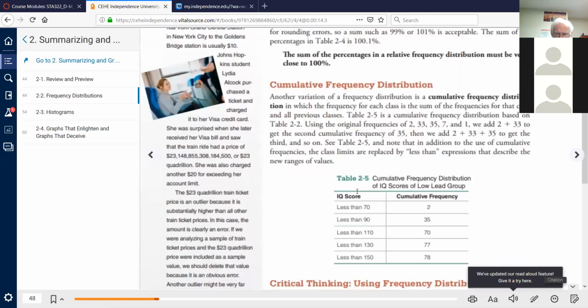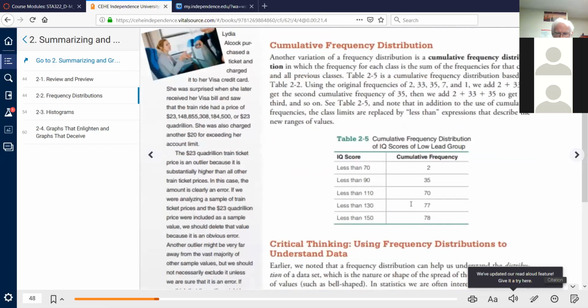So cumulative frequency merely adds up the total number. So, IQ less than 70. What we're doing is looking at each of the levels and adding them up. So the cumulative frequency means the total number of members of the study that were below the top of each of the levels that we chose, each of the classes.